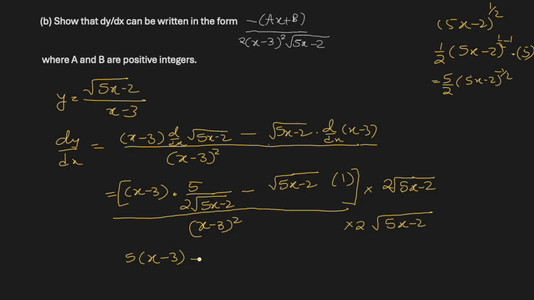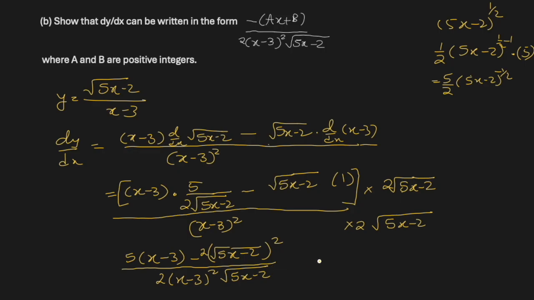So minus square root 5x minus 2, but it is multiplying with this, so 2 will come in front and the square roots will be squared, because both are the same square root, but 2 will not be squared. And the denominator is gone, so 2 stays here. So we get 2(x minus 3) square root 5x minus 2 in the denominator when this multiplies.